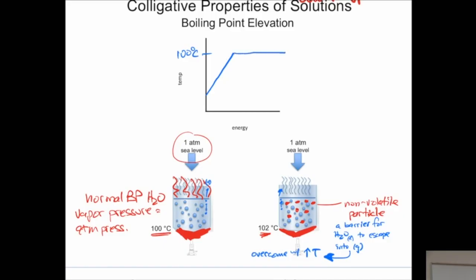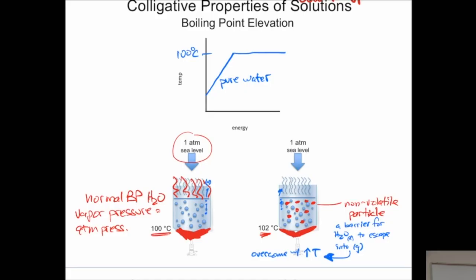It goes flat. When it's pure water, we can only get that much energy into the water at the boiling point. Because if we added any more energy, it's just going to the phase transition. It's not making the water any hotter. So the water can only hold on to so much energy.